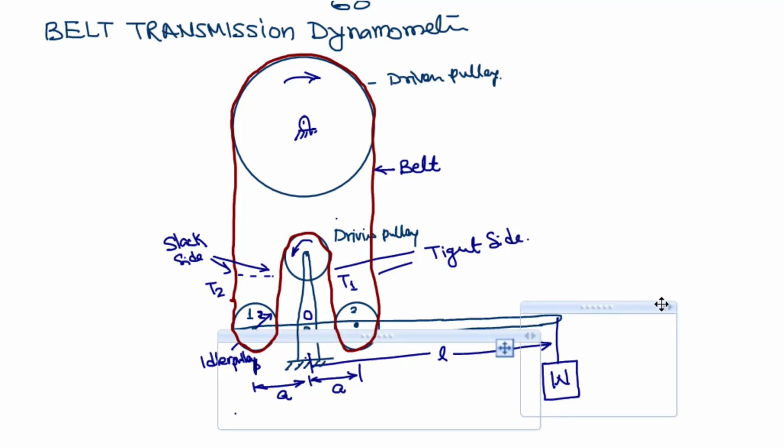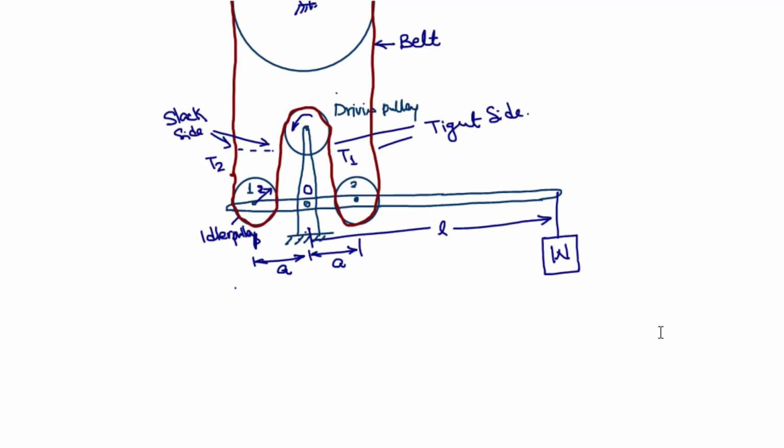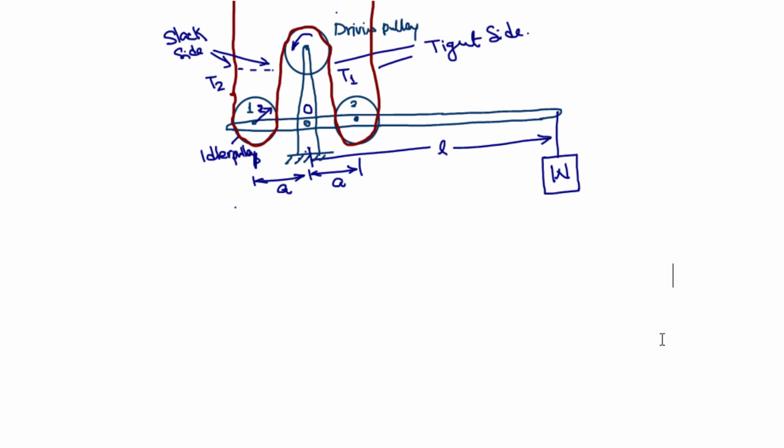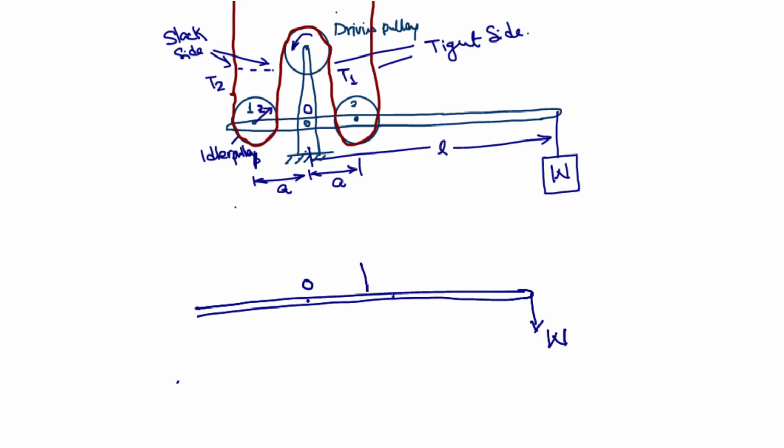W. Now if you draw the free body diagram of the lever, so this is the lever, this is W, this is hinge point O, at this distance is A, and here this is T1 and this is T2.